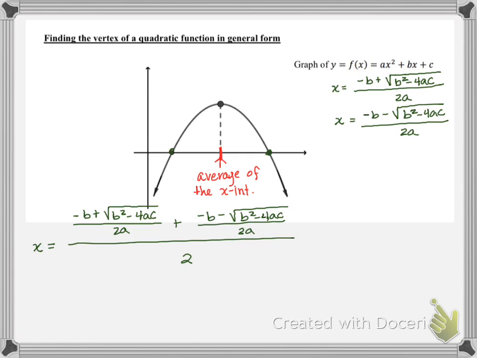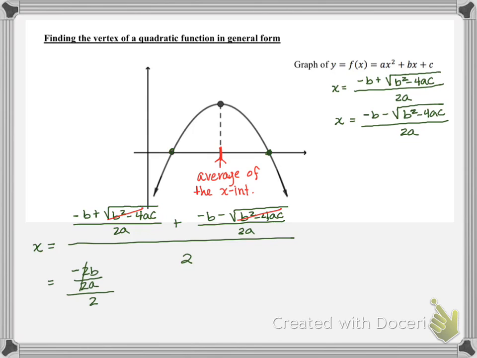What happens when I add those two radicals? What do I get? I get 0, right? Doesn't matter how messy it is. If one is positive and one is negative, they add to 0. So those go away, which gives me negative 2b, right? Negative b plus negative b over 2a divided by 2.